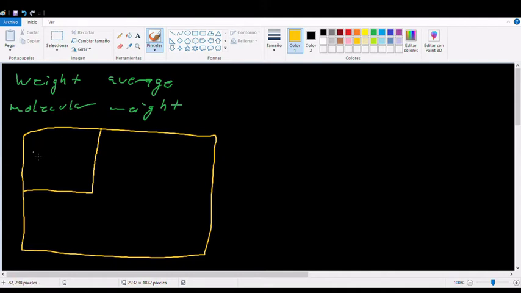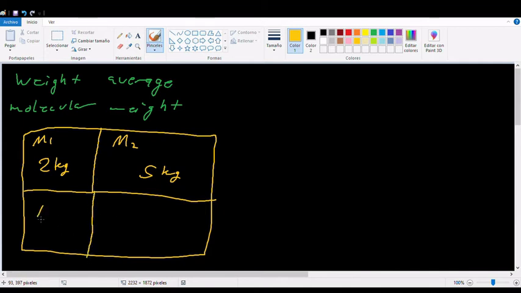So let's say this has some molecular weight m sub 1 and it's 2 kilograms. Then we have m sub 2, this is 5 kilograms.